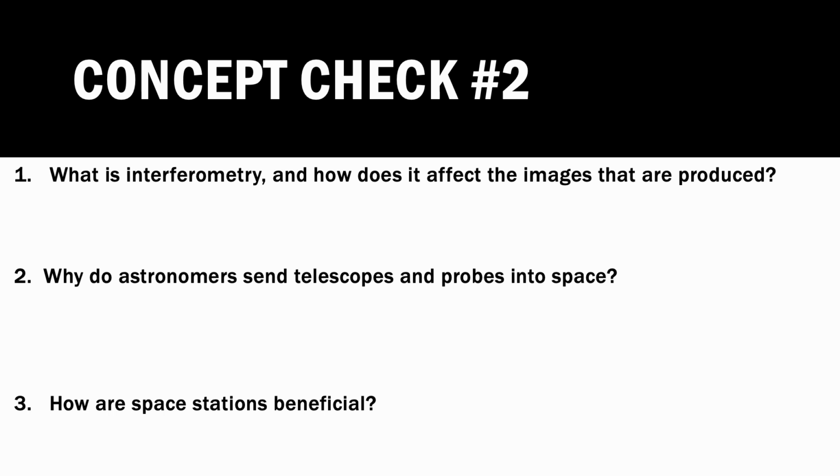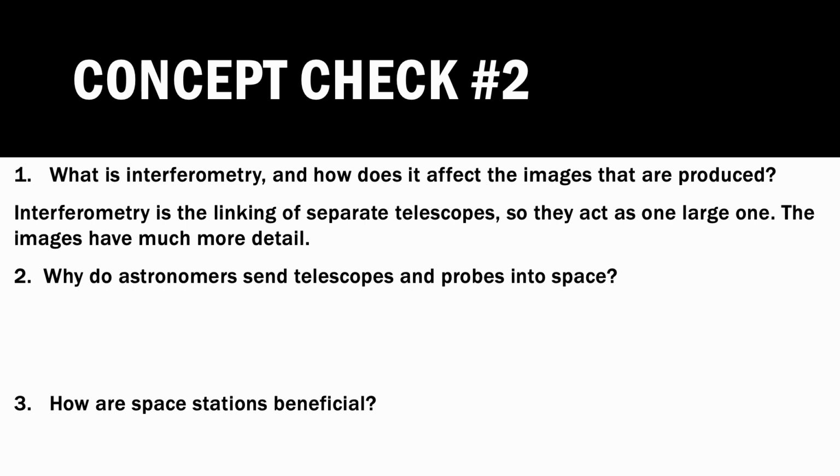Concept check number 2. What is interferometry and how does it affect the images that are produced? Interferometry is the linking of separate telescopes so that they act as one large group. The images have much more detail. 2.